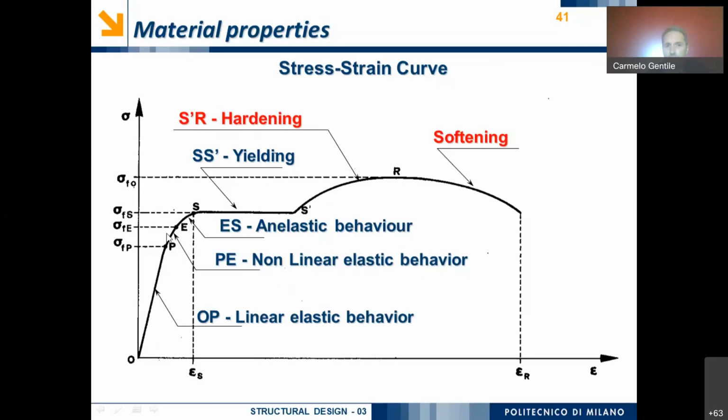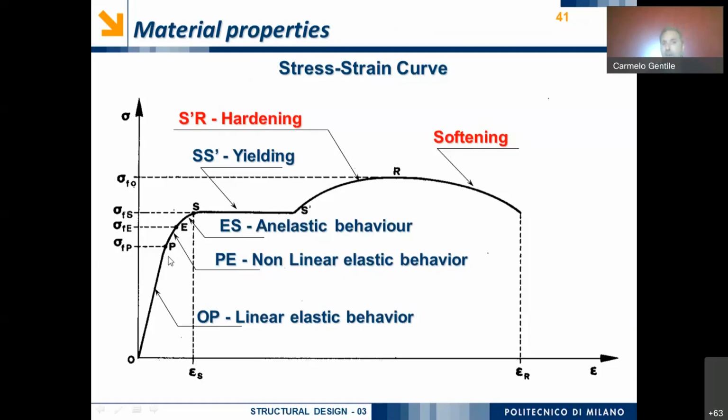So you see that the behavior between P and E is non-linear, but it is still elastic, like in a rubber. This means that when I have reached point E in loading, it is possible in the unloading to reach again the point O, the origin, by following the same path.